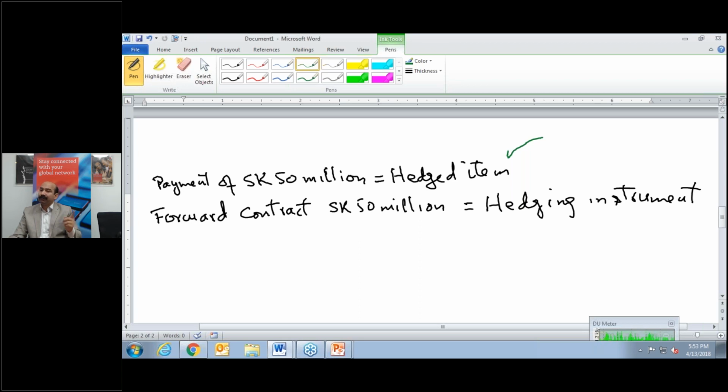So this means on 1st November 2013, this will become our liability, no problem.